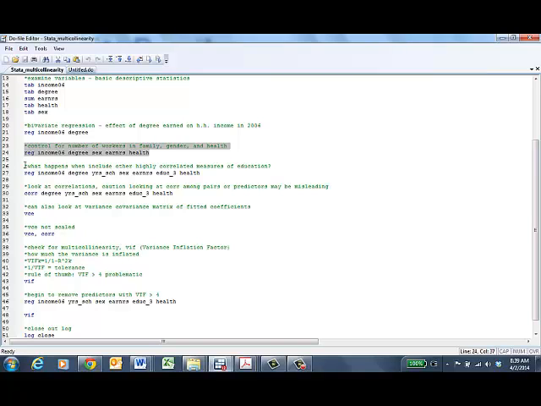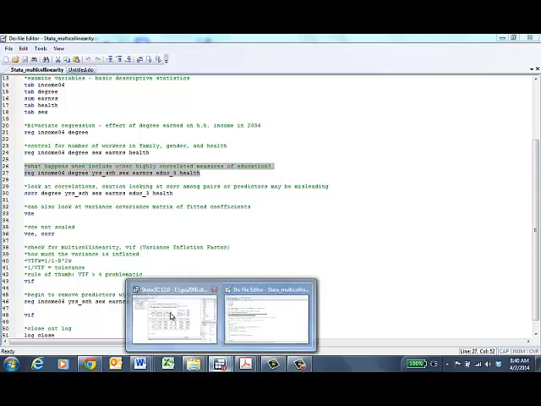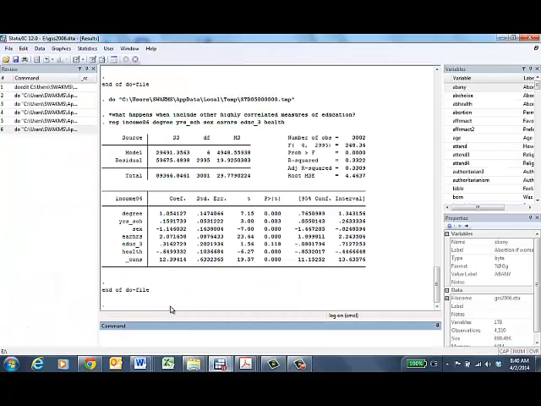So next we're going to examine what happens when we include other highly correlated measures of education. So in this model, we've also included years of schooling and this collapsed measure of education, which collapses education into 3 basic categories.